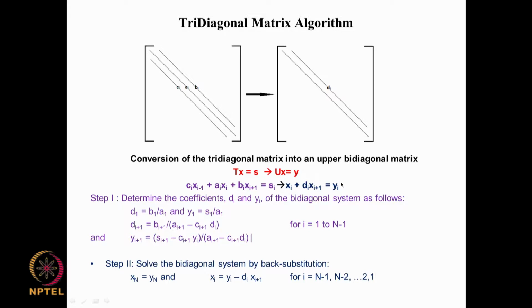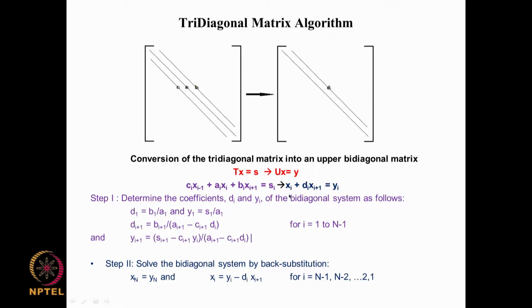Similarly y(i+1), which is on the right hand side of this transformed equation, is s(i+1) minus c(i+1) times yi, divided by the same denominator. The coefficients are all known, and yi you have just calculated. So from known values of y1, which is s1 by a1, and d1, you can calculate d2 and y2, and then move on to d3 y3, d4 y4, all the way up to dn yn.